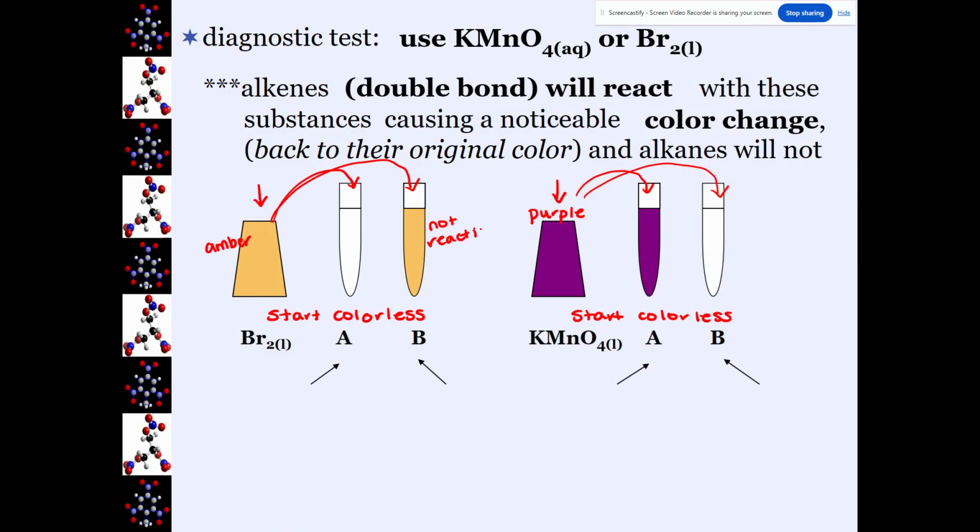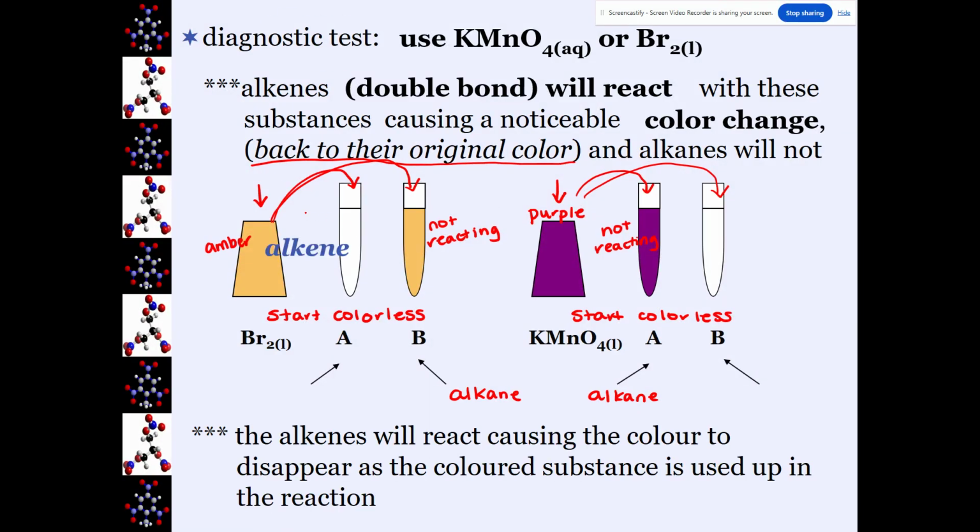So if something is not reacting, that means it's stable, or it is the alkane. However, what is happening with the other sample? It is going back to its original color. It's using up the colored substance, okay? The colored substance is being used up in the reaction.